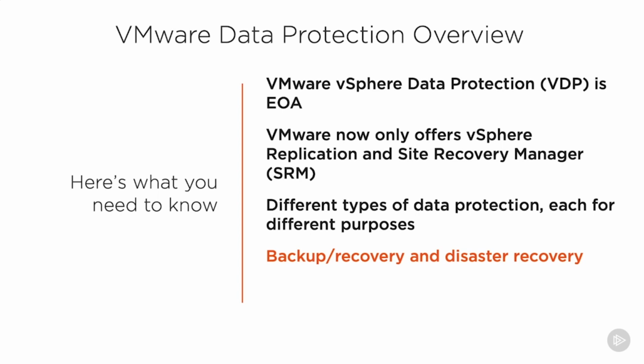And then you have more dedicated disaster recovery tools that perform either asynchronous or synchronous replication. They could be hardware-based or software-based, and they're used to rapidly recover your virtual machines in the event of a small-scale or large-scale disaster. And honestly, there's a lot of blurring. There's a lot of gray space between backup and recovery and disaster recovery. In many cases, they can be one and the same tool.